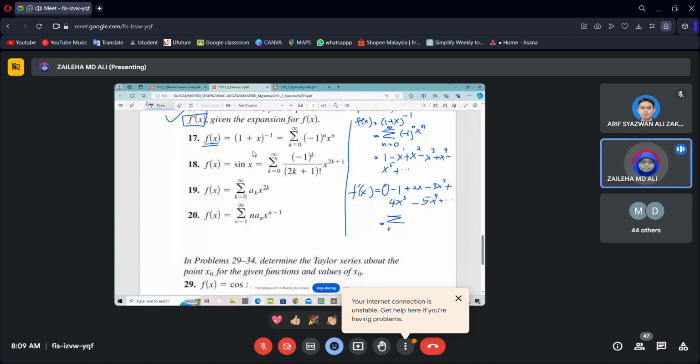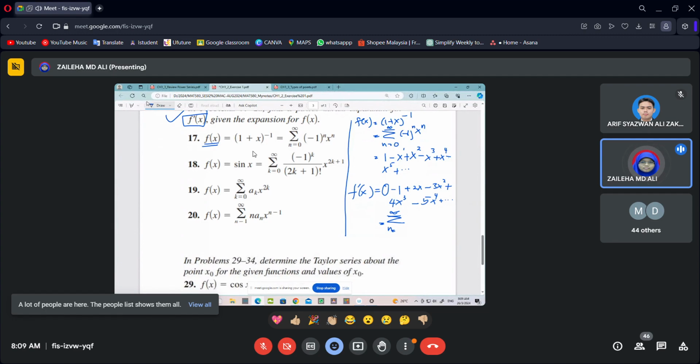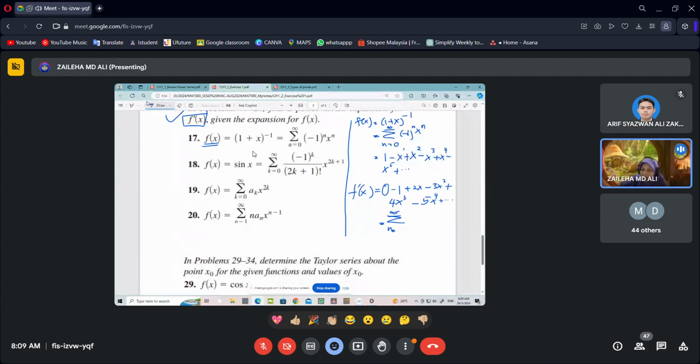If I want to change it into a series, then when you differentiate, whenever the power is just an integer n, the starting point is always increased by 1. Why? Because every time you differentiate an integer n, the first term is always 0. That's why you start with 1.